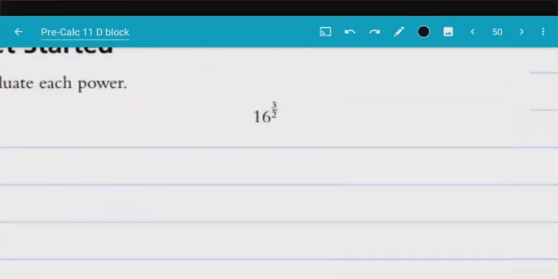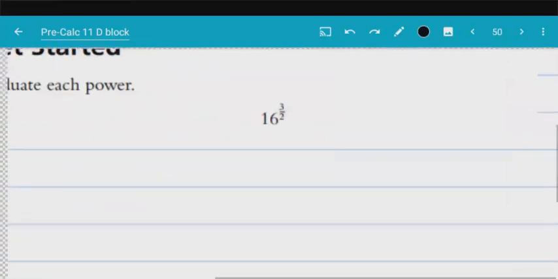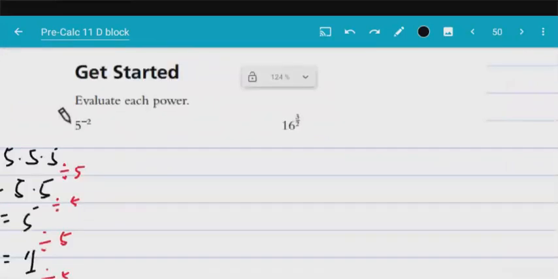What about this one? If you use your calculator, you can actually see that the value would be 64. Now, if you're thinking, how do you do that? Well, we have seen it before.